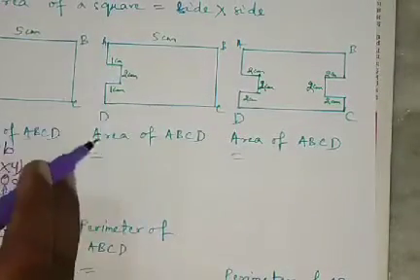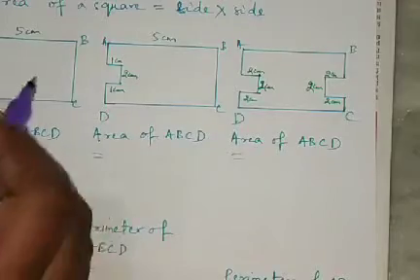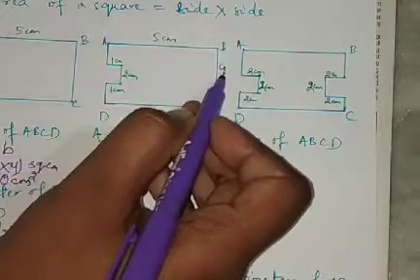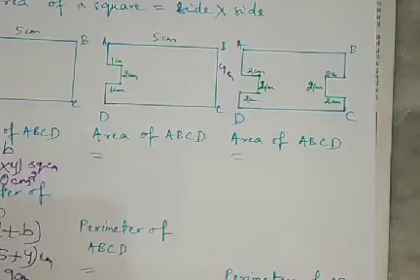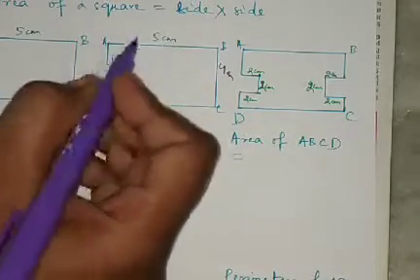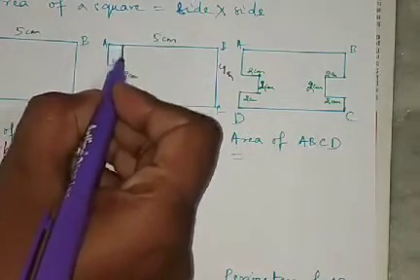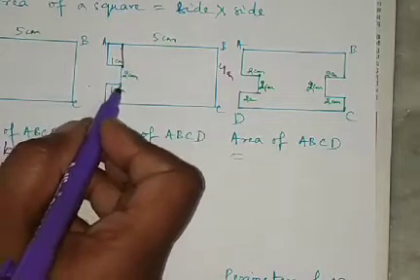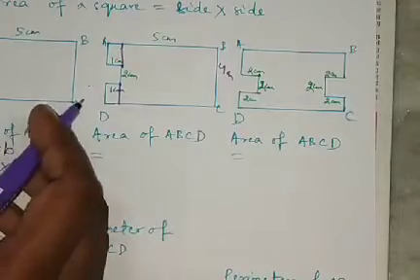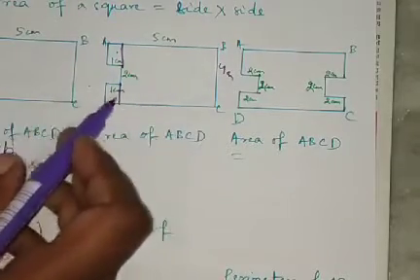Okay, first we will find out the area of ABCD. The same, this is 4 cm. So what you will do? Look, here this area has been cut. If you cut this area and this portion, how many figures are you finding? You are finding 1, 2, 3 figures.